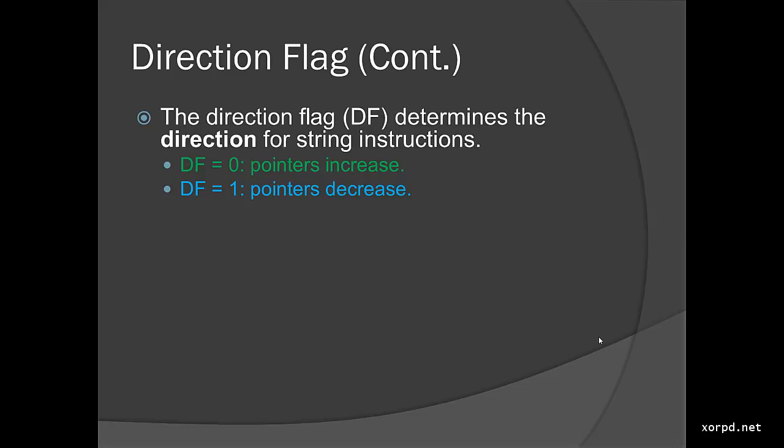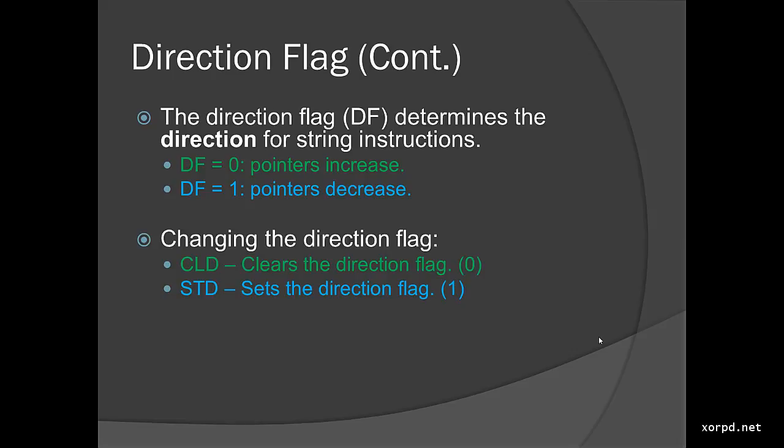Remember when I said that EDI is advanced, for example, by 1 byte or 2 bytes or 4 bytes, the direction where EDI advances depends on the direction flag. If the direction flag is 0, the pointers increase, which means that EDI will increase. If the direction flag is 1, the pointers decrease, which means that EDI decreases.